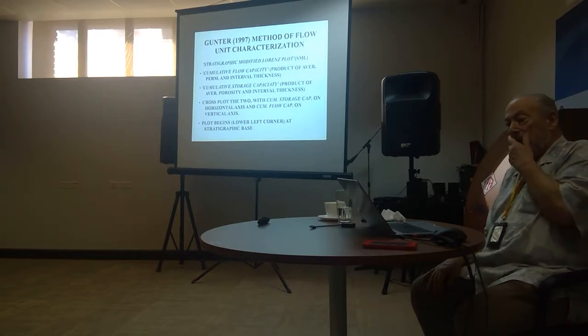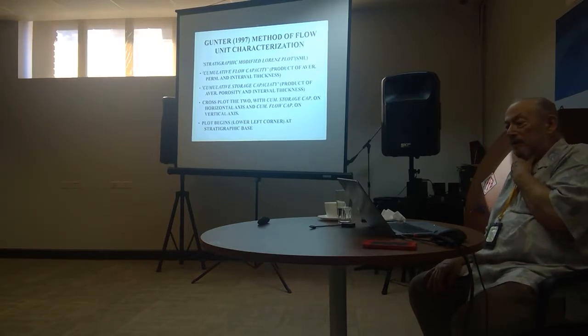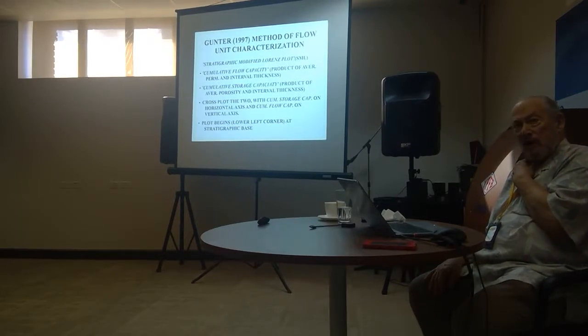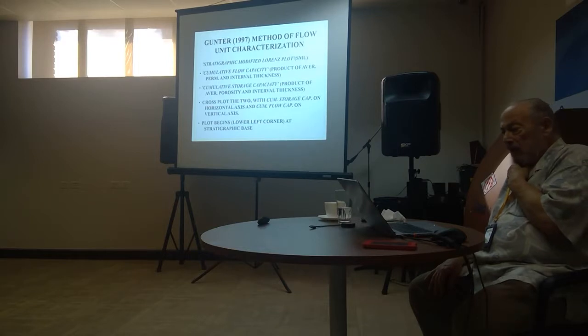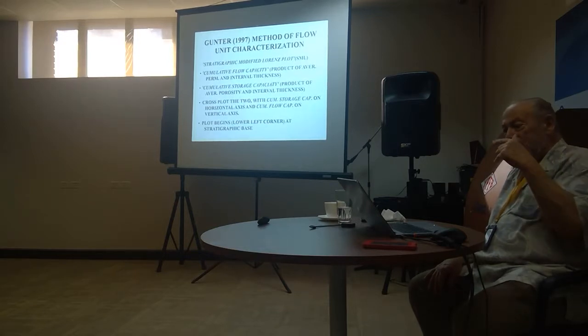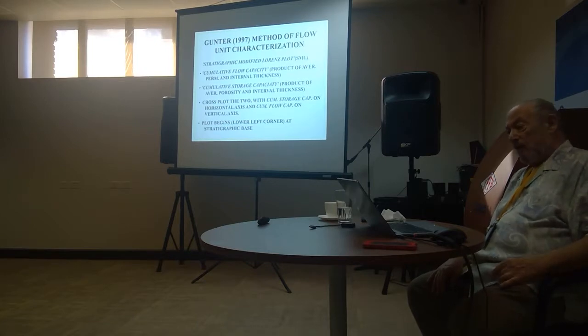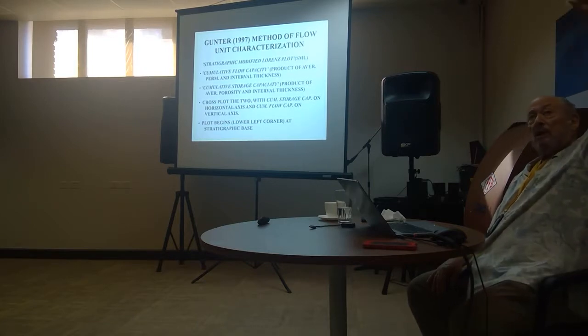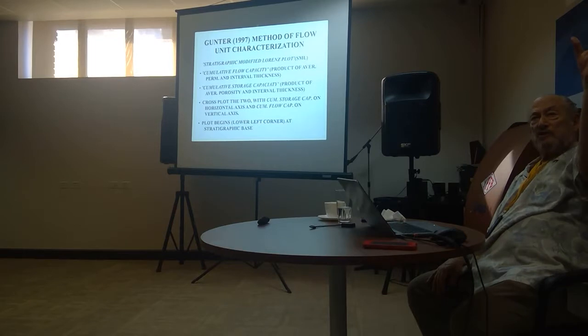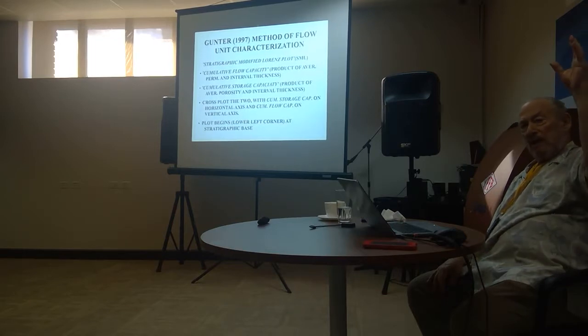Okay, I want to talk about another very simple way in which you can characterize flow units. I showed you earlier another way to do this, where you just looked at developed ranges of properties and gave those ranges different names and mapped them.